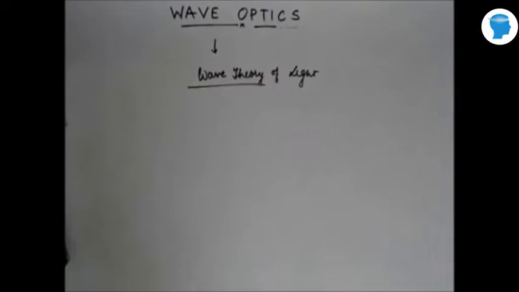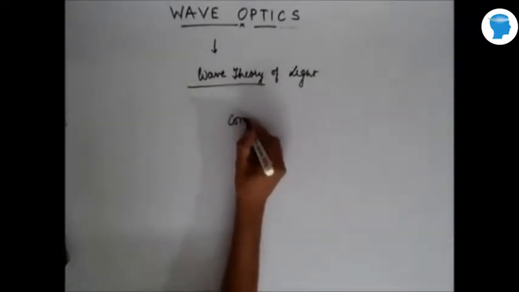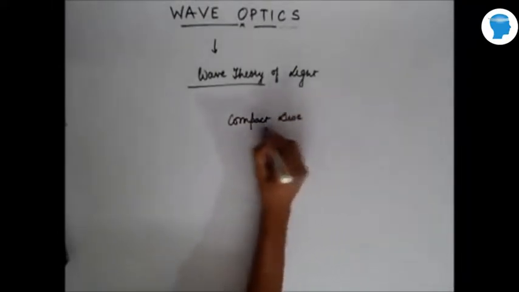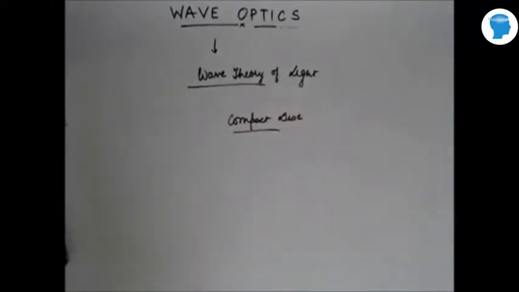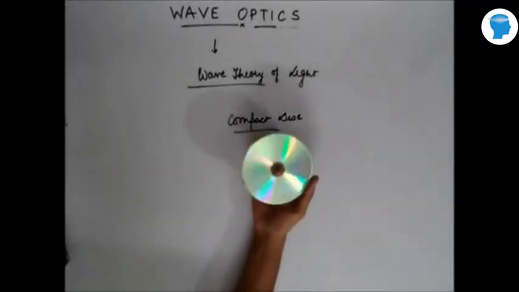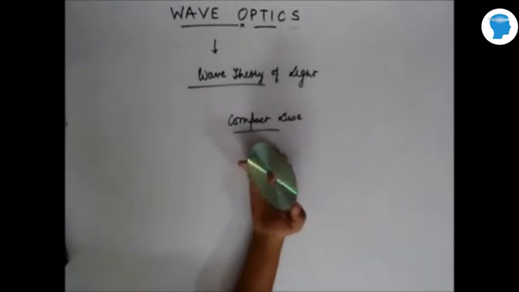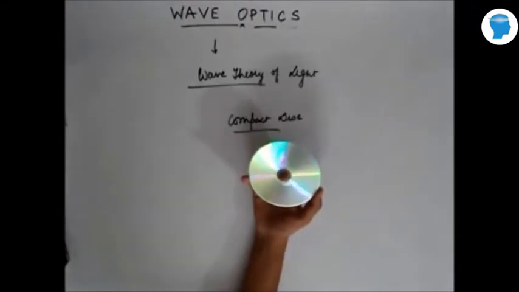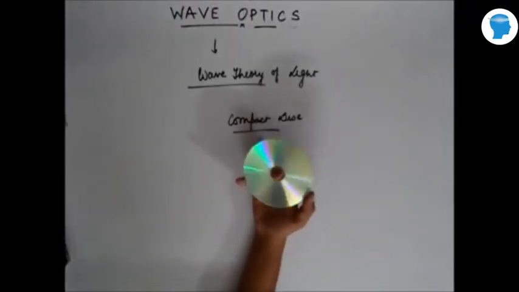For example, if you have a compact disc, a CD, you see, for example, that this is a CD I have in my hand. If I keep rotating the CD, I see that for different angles, the color appearing on the top of the CD is different.